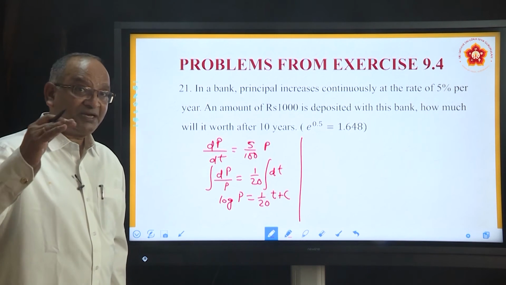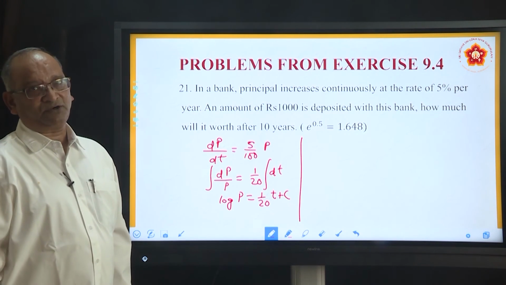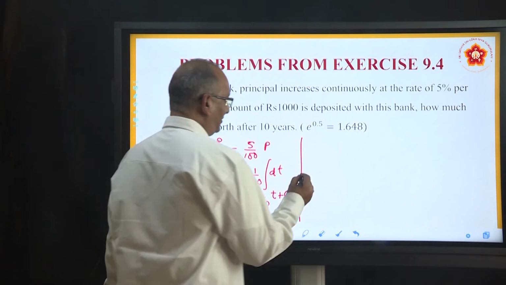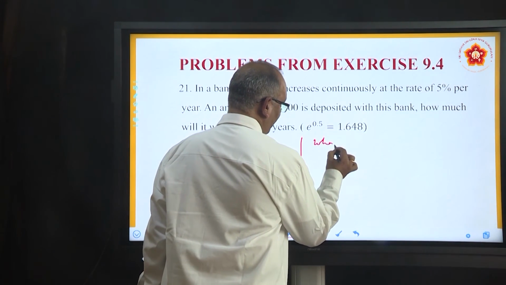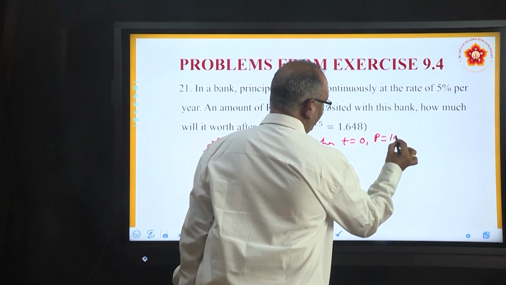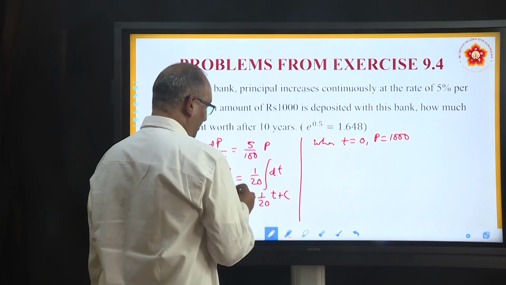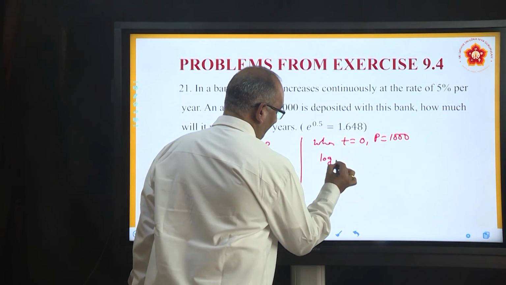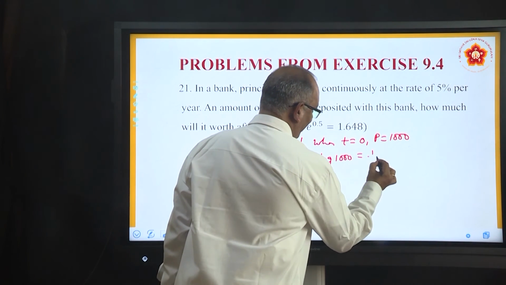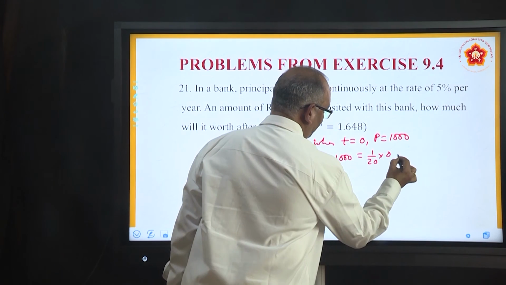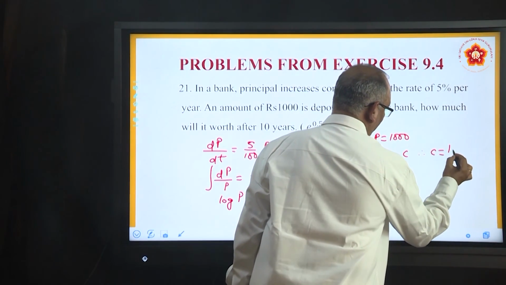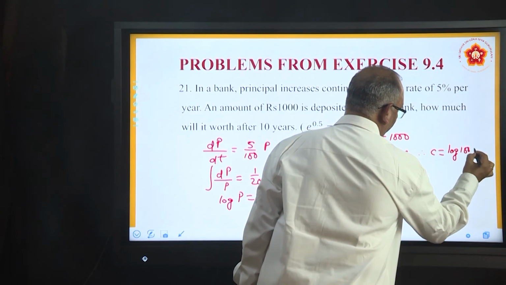He says assume that the initial principal is 1000 rupees. When t is 0, initially, when time is 0, P is equal to 1000. So substitute this, you will get log 1000 equal to 1 by 20 into 0 plus C. In other words, we can say C is equal to log 1000.